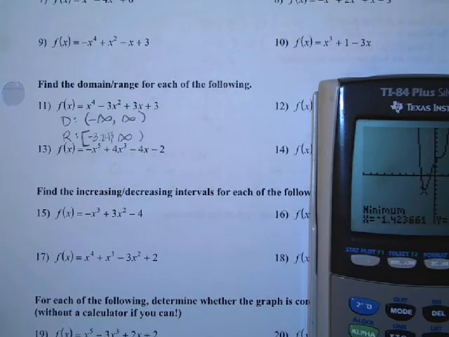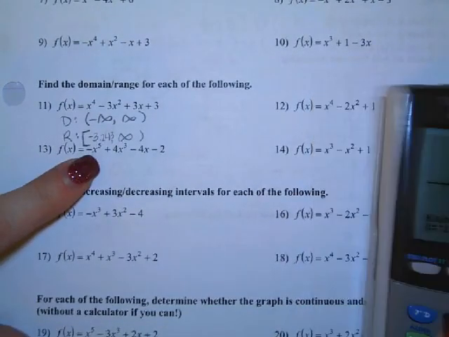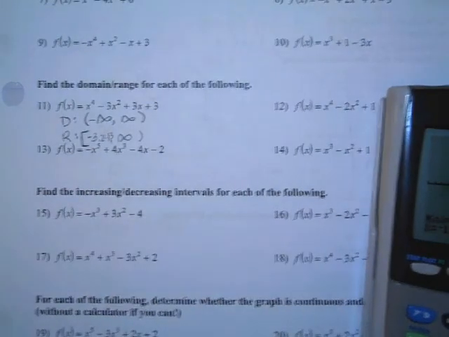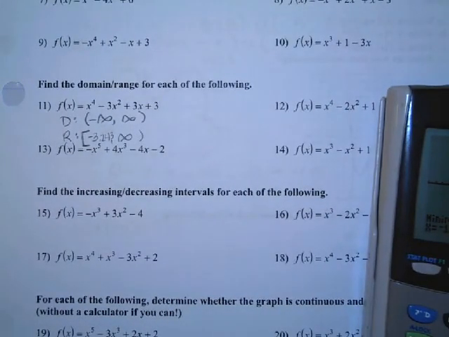When we were sketching these by hand, you remember, if it has a degree of 5, one goes up, one goes down. So if an arrow goes up and an arrow goes down, what does that mean about your range? All real numbers. And we know that the domain for these is always going to be left and right forever, because we've drawn a bunch of them and that's what it's been every time.